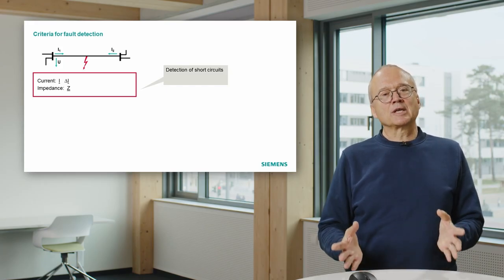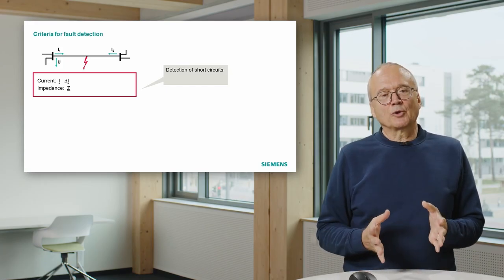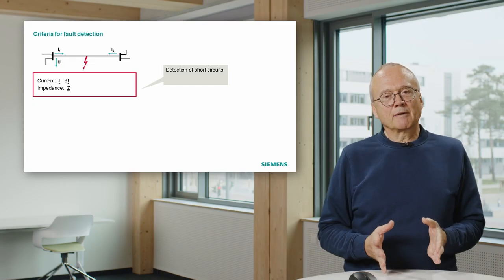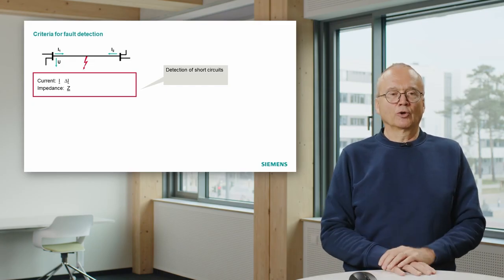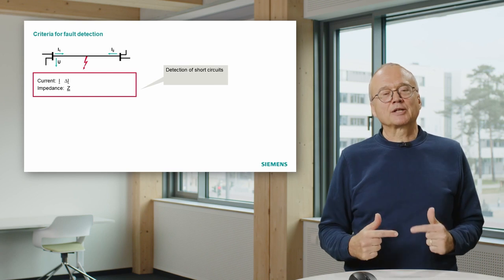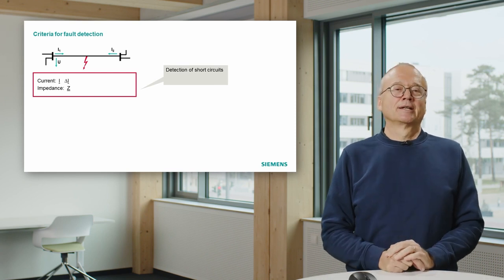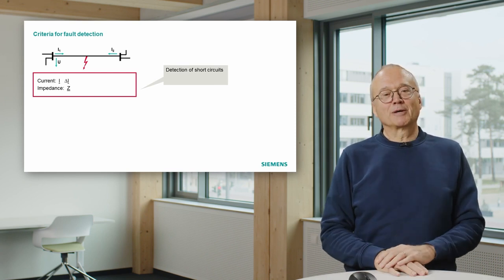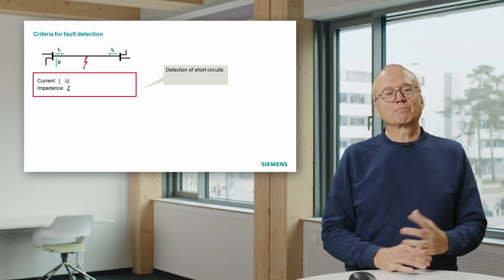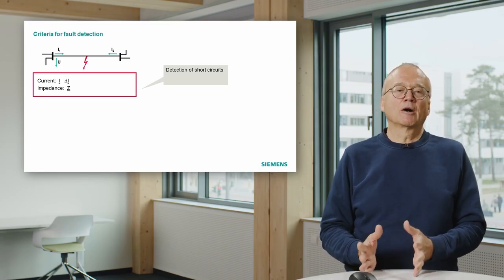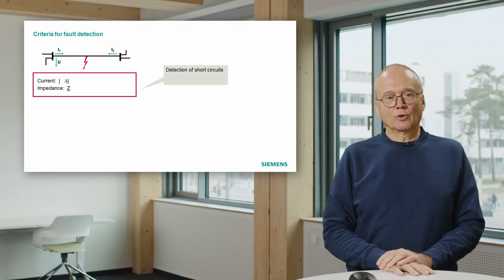We will also see that, based on the impedance, we can make a decision: is there a short circuit on the line or not? And protection based on the impedance is normally not called impedance protection. It is called distance protection, because the impedance is somehow a criterion for the distance of the fault.